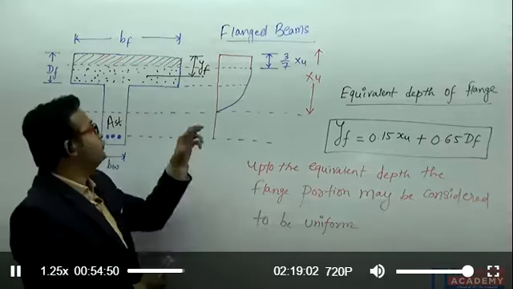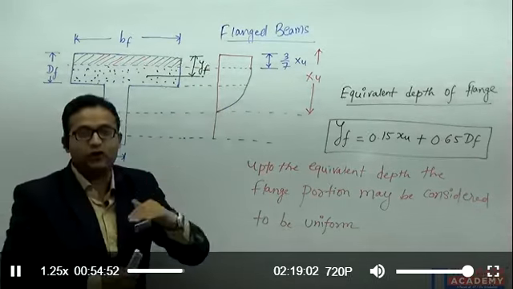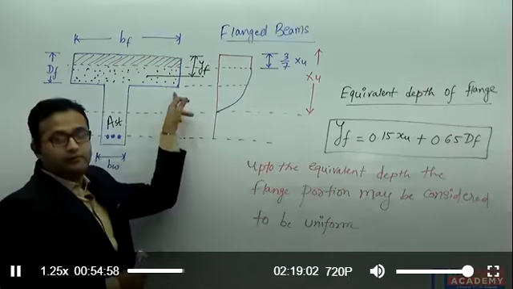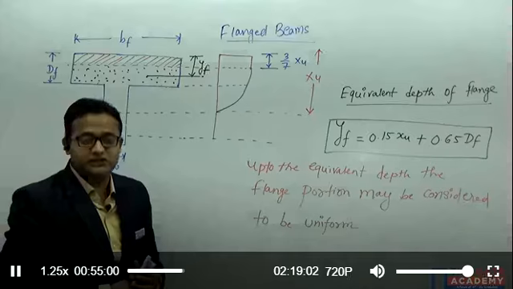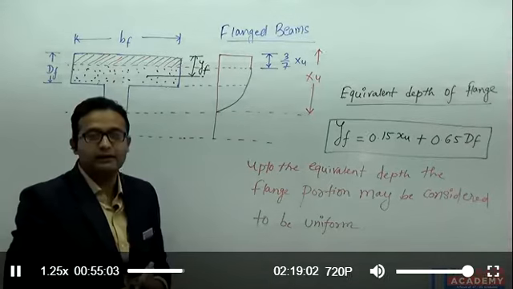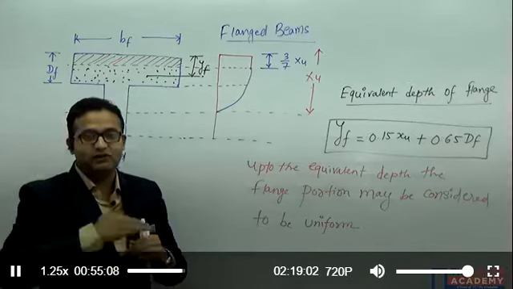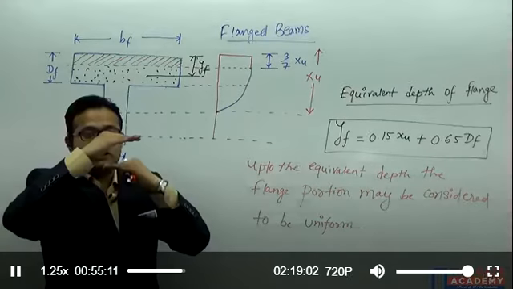Because I have seen up to the 3 by 7 of XU, the flange is uniformly stressed, and below that, up to the depth of DF, your flange is not uniformly stressed because the parabolic portion is also coming in the flange portion. So what I am going to do here, I will find the distance between this 3 by 7 of XU and your total depth.